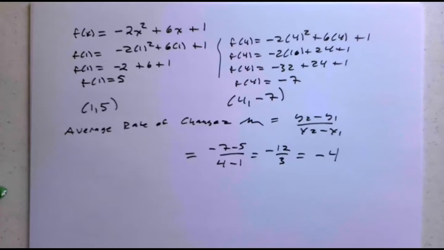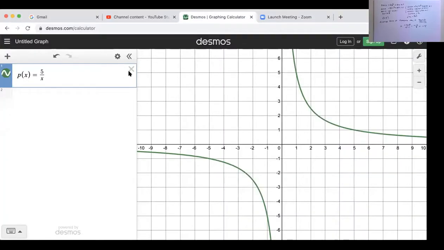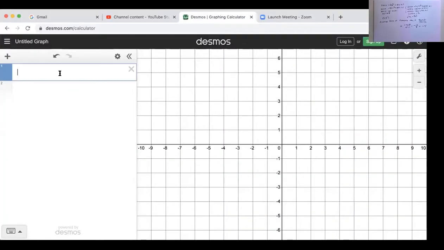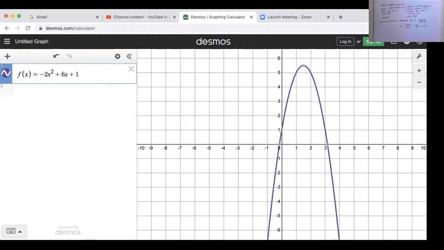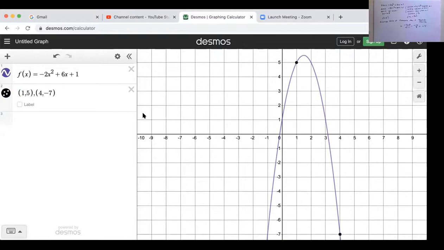So we'll go to Desmos, and I want to graph this function, f of x equals negative 2x squared plus 6x plus 1. There it is. And I'm interested in the point 1, 5, which we see there, and the point 4, negative 7, which is a little harder to see, but there it is.